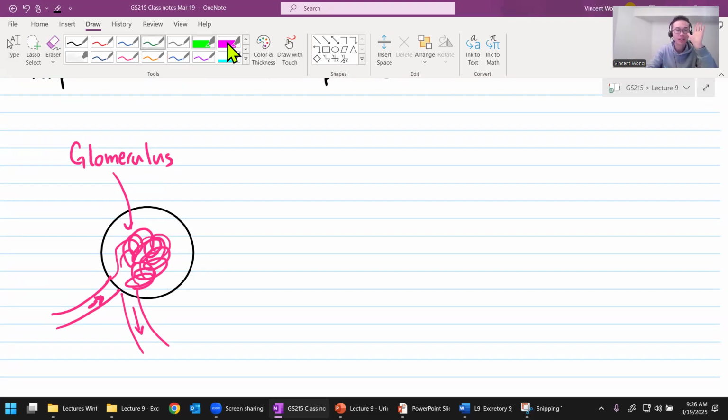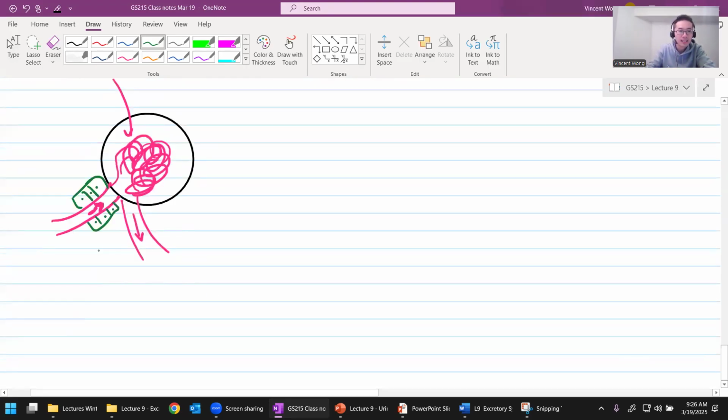Nothing's new so far. Around the afferent arteriole, you have a cluster of specialized cells. This has a really long name. I'm gonna write it out first, and I'll explain. It's called the juxtaglomerular apparatus.